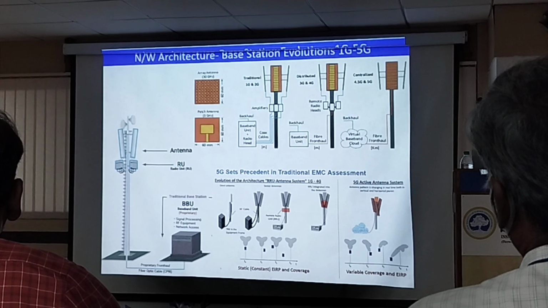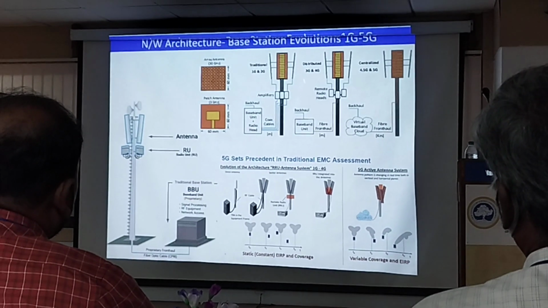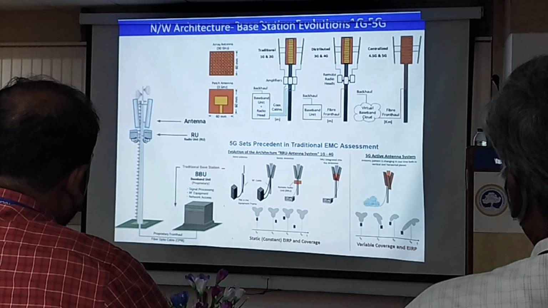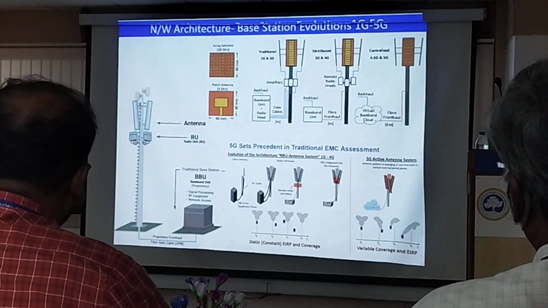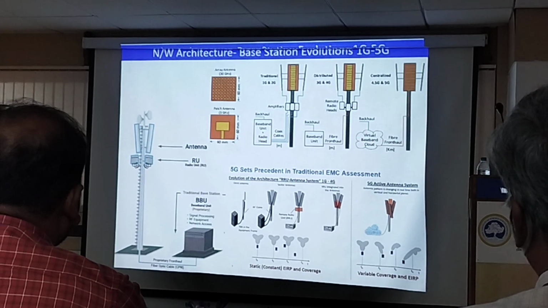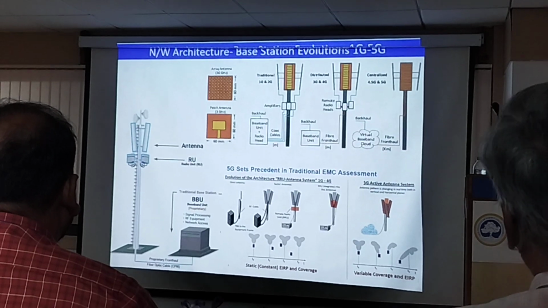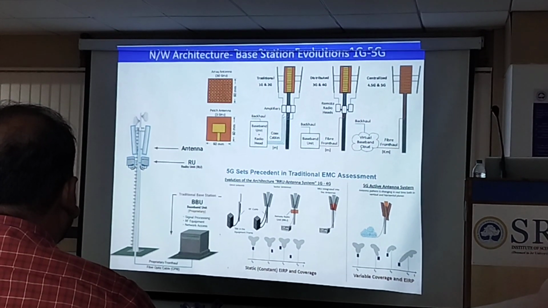This figure shows the second generation, third generation, fourth generation, and the fifth generation, and these are the antennas. As frequency increases, the antenna size automatically comes down, as per the theory, lambda equals c by f.